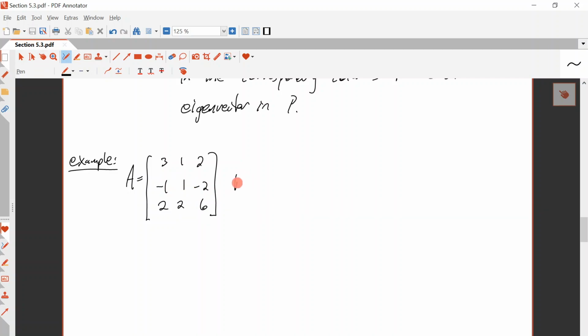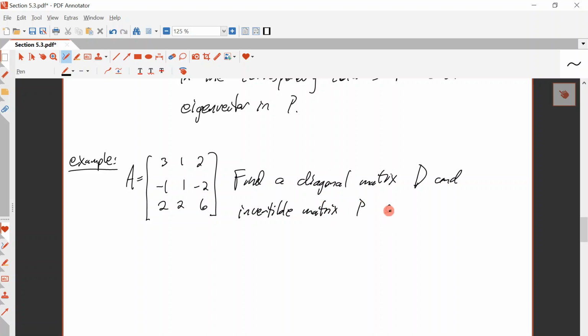Find a diagonal matrix D and an invertible matrix P such that D equals P inverse AP.